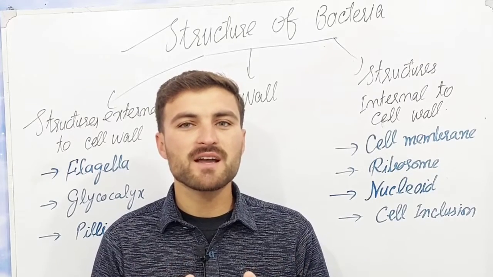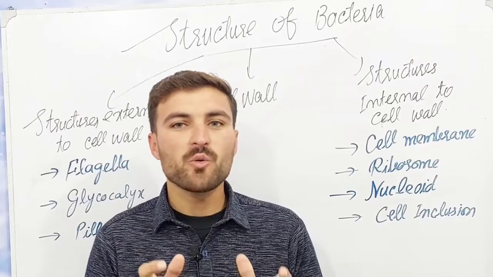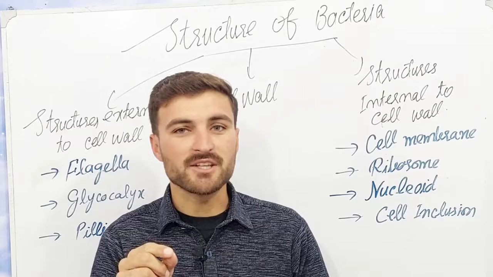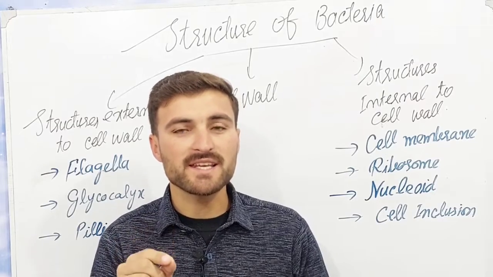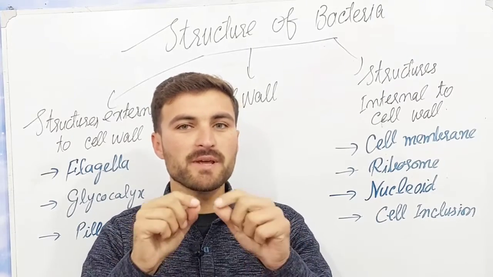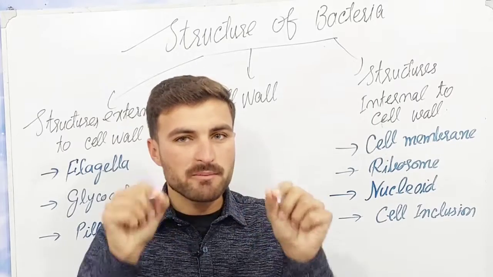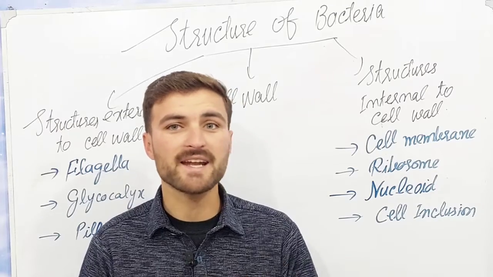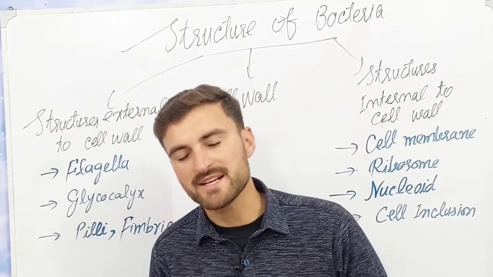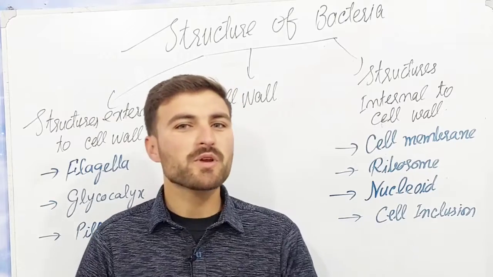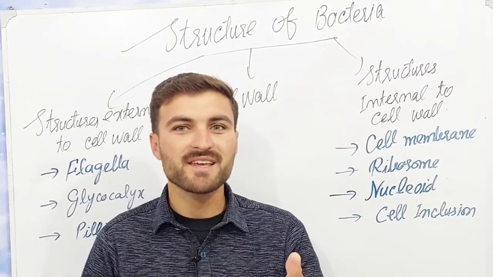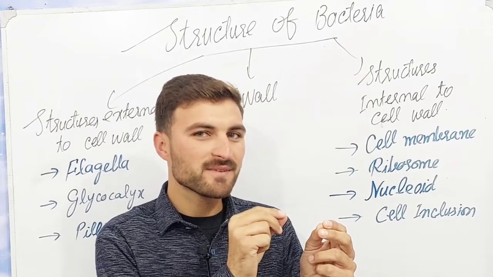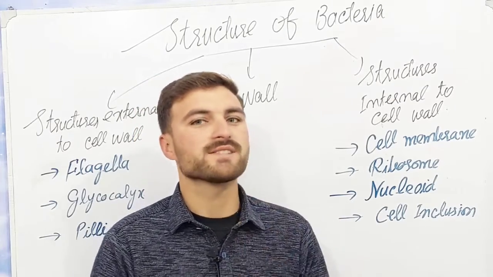Eukaryotic cells are cells which have a true nucleus. It means the genetic material in the eukaryotic cell is enclosed in a double membrane called the nuclear membrane. On the other hand, if we look at the prokaryotes, the prokaryotes contain a prokaryotic cell, and if we go inside that, they have no true nucleus.